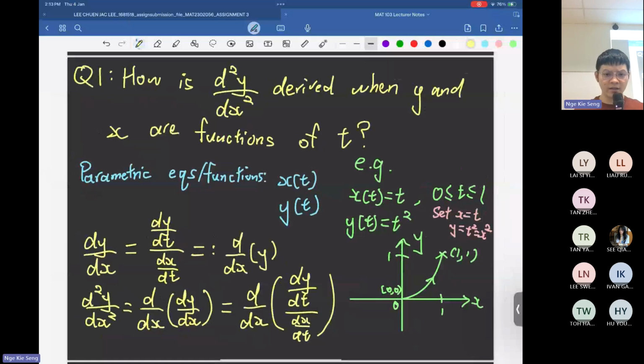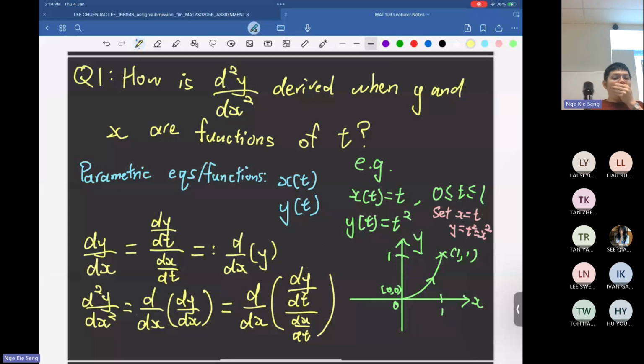Then how to find d over dt? What do you mean by find d over dt? d over dt is the operator. Do you guys see? d over dt is the operator. You cannot find.